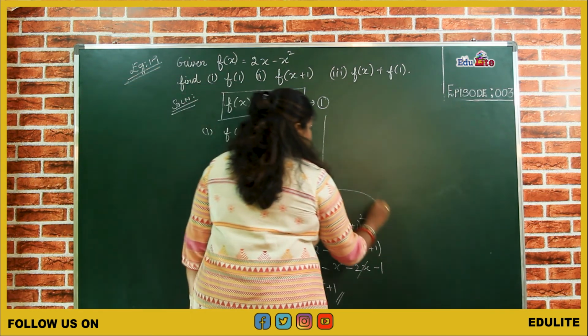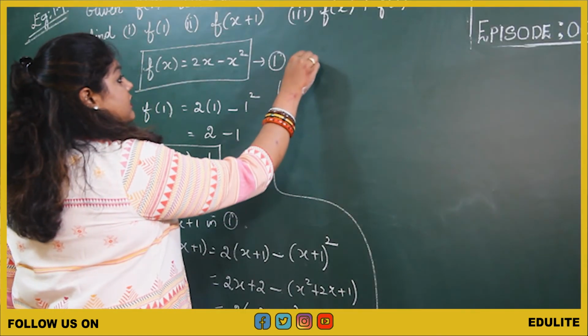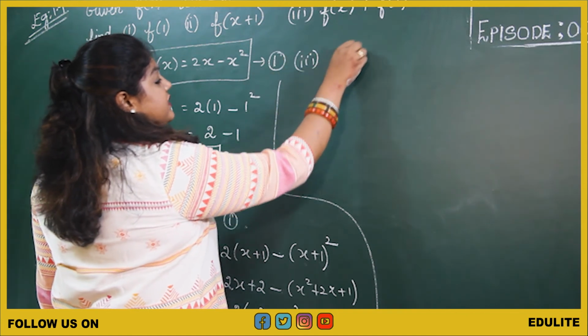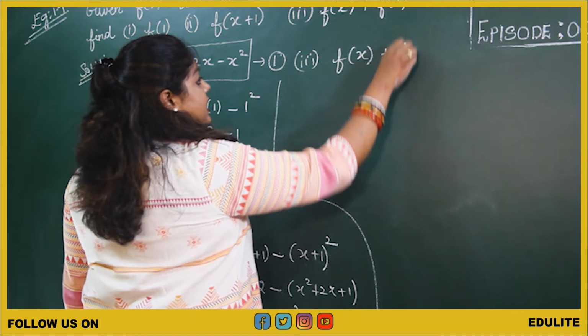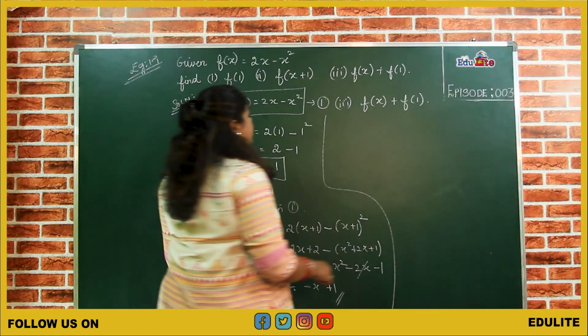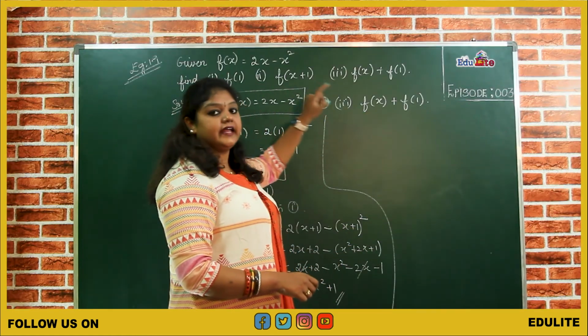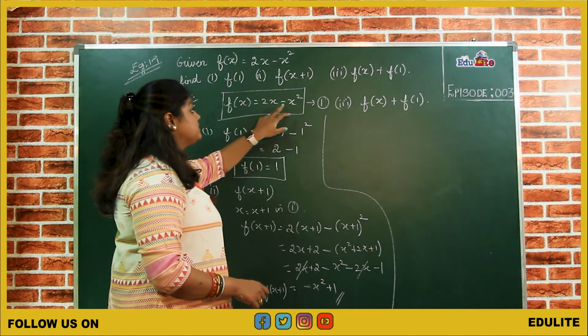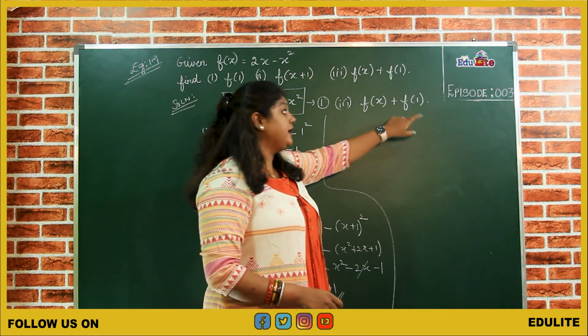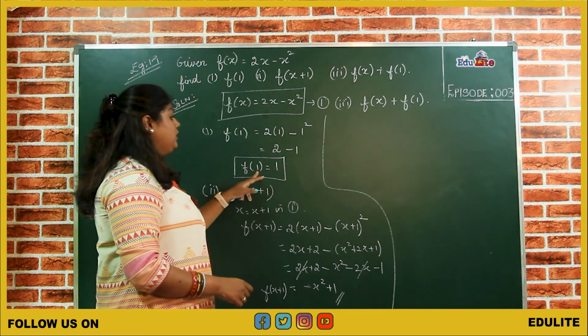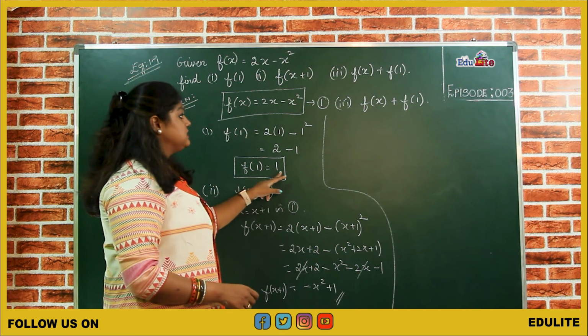Moving on to the third subdivision. What we have to find out is f of x plus f of 1. We already know the value of f of x. It is directly given in the question as 2x minus x square. F of 1 also we have already found out. F of 1 is equal to 1.